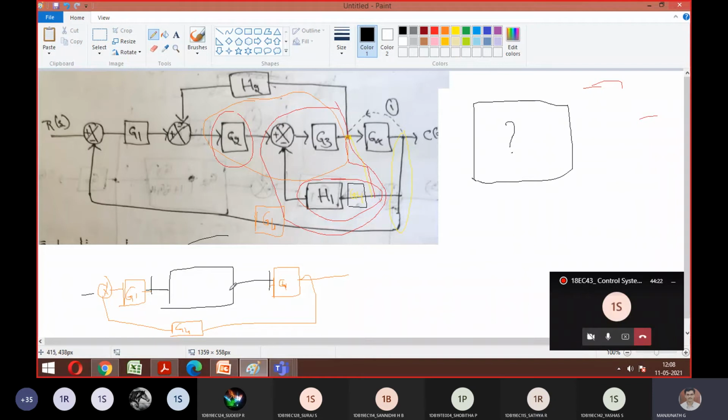Just multiply G1 and the answer and tell me. Is this also cascade? Just look at the diagram. The connection is here. G4 is separate, right?